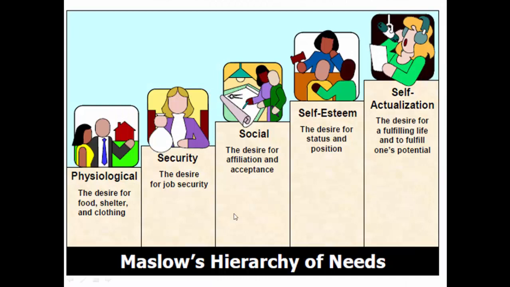Look at this figure. This is the arrangement of the needs set by Maslow, from bottom to top: physiological, the desire for food, shelter, clothing; security, and as far as employees are concerned, they need job security; social, the desire for affiliation and acceptance; self-esteem, the desire for status and position; self-actualization, the desire for fulfilling life and fulfilling one's potential.